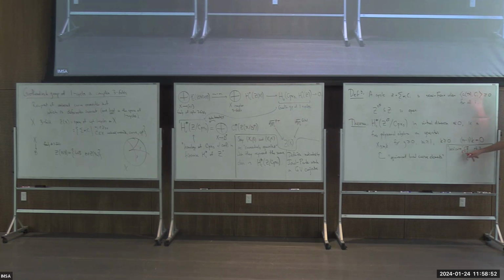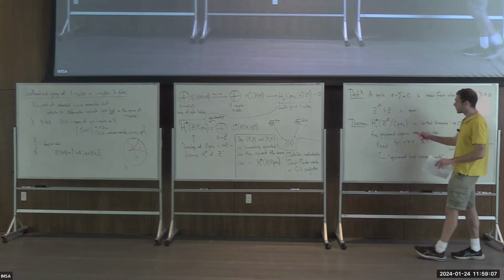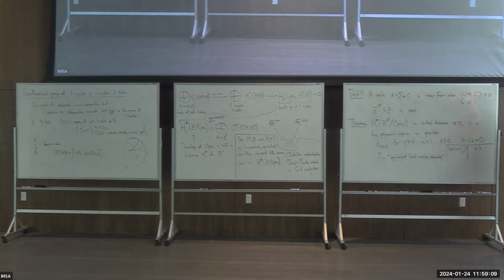But if you work equivariantly with respect to that action, then you count curves as a fixed locus, which is just curves on the base. So these elements, X, g, and k, are elements of the Grothendieck group, which correspond to equivariant local curves.